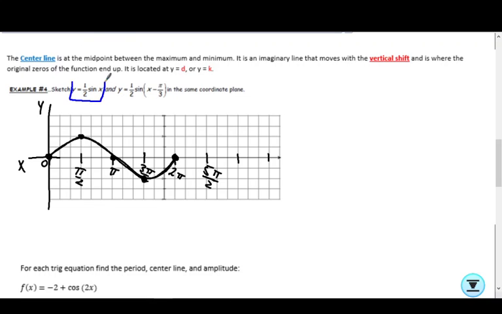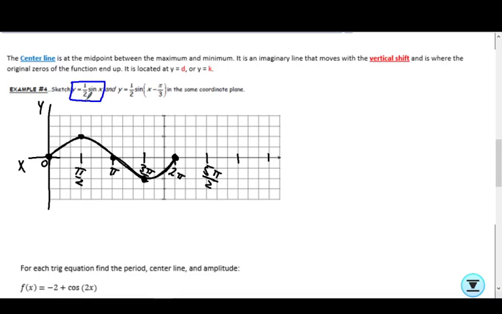I actually have 2 transformations to do. Whenever I transform trig functions, I start with my horizontal stretch or compression, then I do my vertical stretch or compression, then I start moving left or right, up or down. Very similar to what we did with regular polynomials.